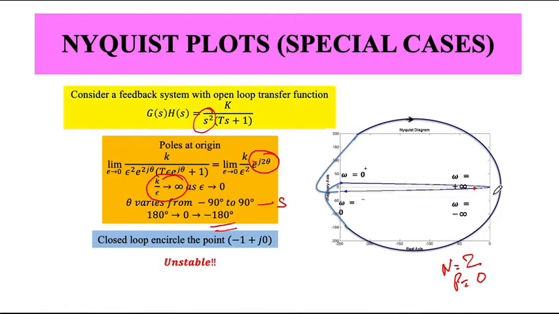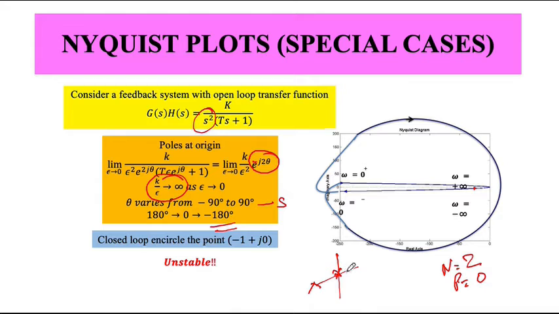We could also look at its root locus. If I plot a quick root locus of this, you have two poles here, and one pole somewhere on this side.